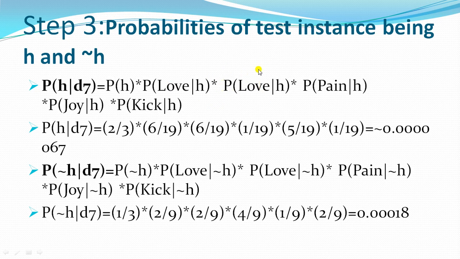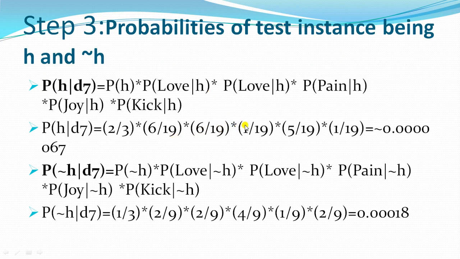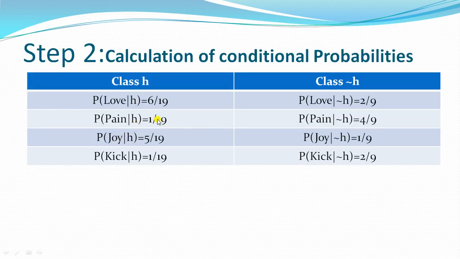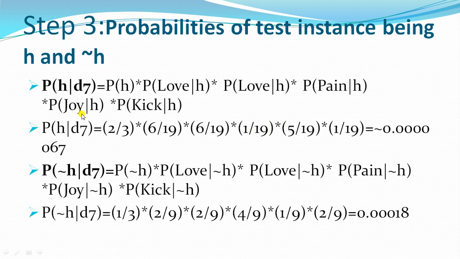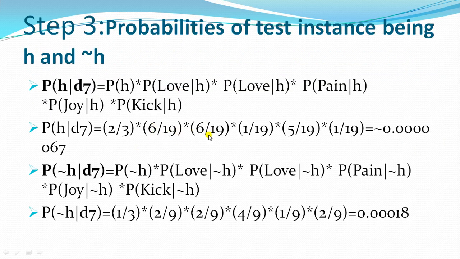So P of love given H into P of love given H. That is the value of P of love in my step 2, you can see here, yeah, it's 6 by 19 into 6 by 19 into P of pain is 1 by 19, into P of joy is 5 by 19. Throughout I told 9, sorry for that, it's 19. So 6 by 19, 6 by 19 into 1 by 19 into joy, it is 5 by 19, then kick, it is 1 by 19.